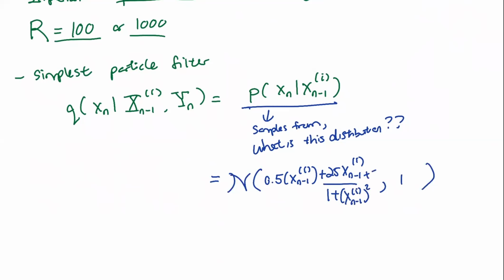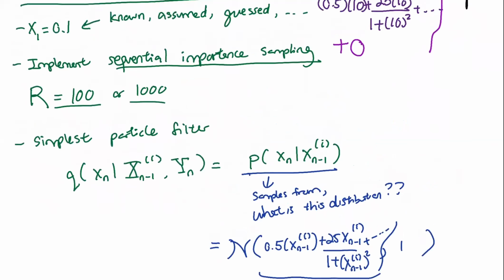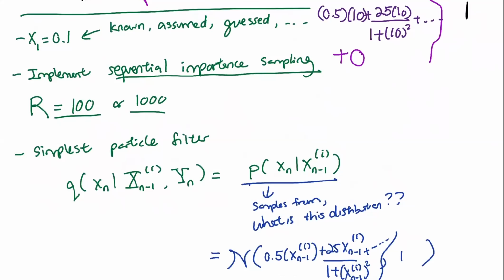It's that long complicated expression. But because this is Gaussian, you go into MATLAB, tell MATLAB what the mean and the variance are, and MATLAB is happy to generate any number of samples from this distribution. So now in the first part of the algorithm, you know how to generate the samples.